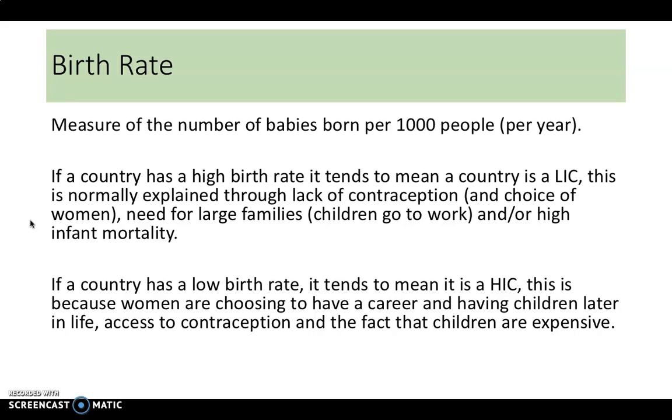So people might be not having children until they're in their early to mid 30s. It's very common in high income countries for people to have children much later in life, and that often means that it restricts the number of children that people can have.